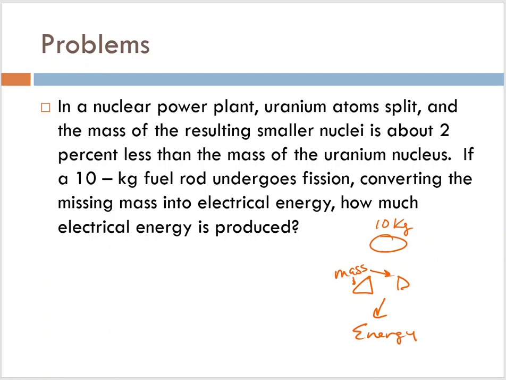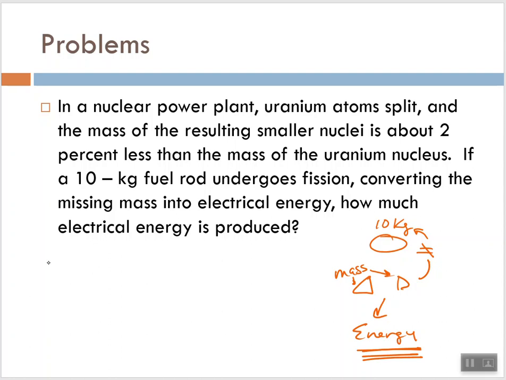If you were to put these pieces of mass back together after it splits, it would not equal the 10 kilograms, because some of that mass has been converted into energy. It's that energy that they use in nuclear power plants to heat the water to create steam, which turns the turbines, which creates the electricity.